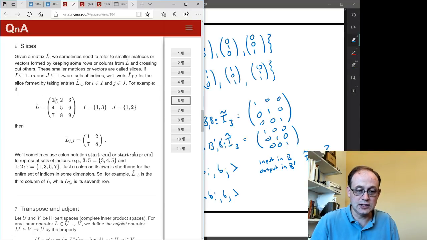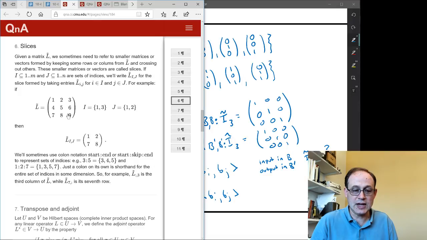If we have L tilde with entries 1, 2, 3, 4, 5, 6, 7, 8, 9, and we want the first and third rows and the first and second columns, right? We'll cross out the second row, the 4, 5, 6, and we'll cross out the last column, the 3, 6, 9, and we'll get 1, 2, 7, and 8 remaining, right? And so this is a slice of this matrix.